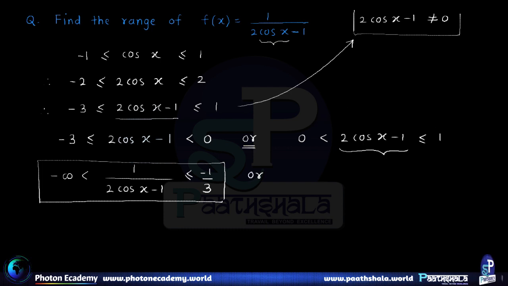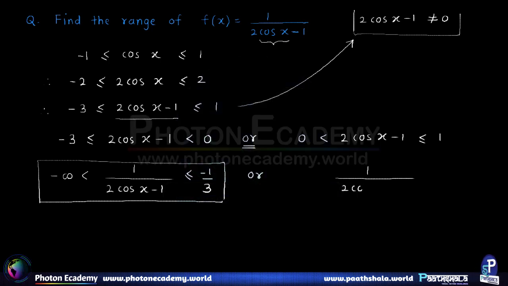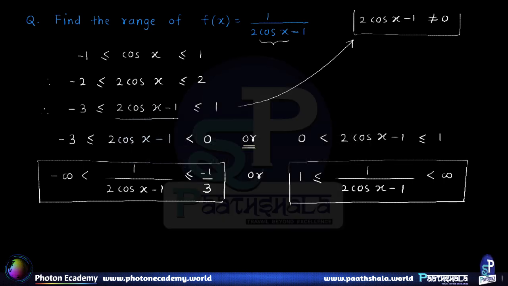So here also we take the reciprocal and have 1 upon 2 cos x minus 1. When we take the reciprocal, it will lie anywhere between 1 and infinity, which is obvious from the given numbers. So this is the other possibility for the values of the given function.